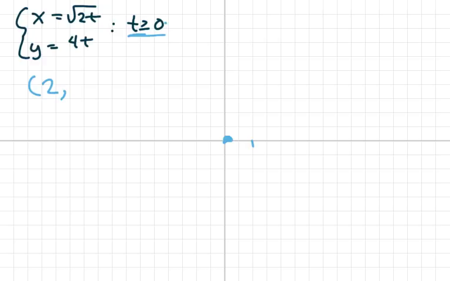So 2 gets to 8. 1, 2, 3, 4, 5, 6, 7, 8. And then we should know what this looks like. And there it is. Alright, and the orientation, as t gets bigger, the curve is going up like that.